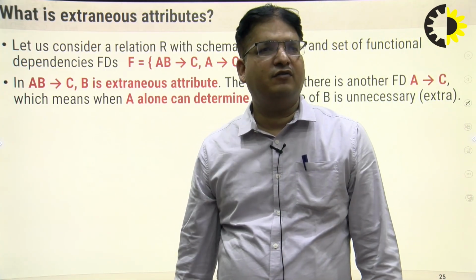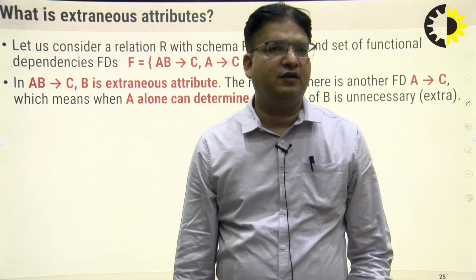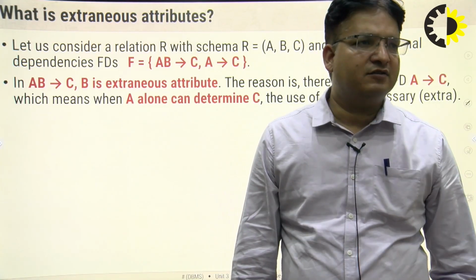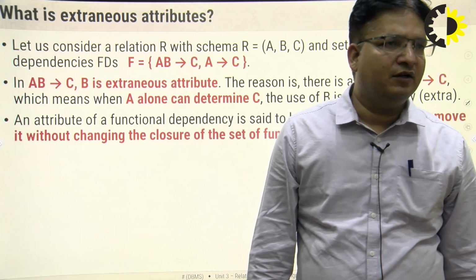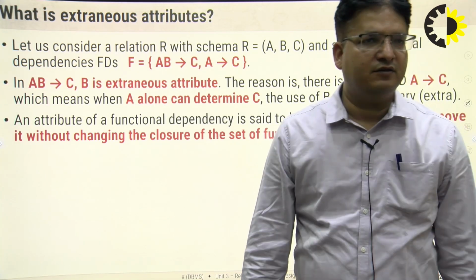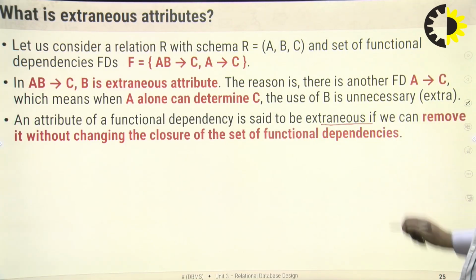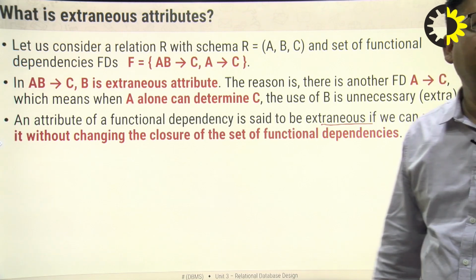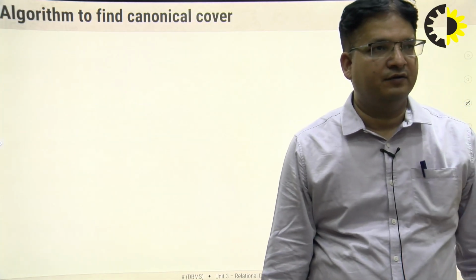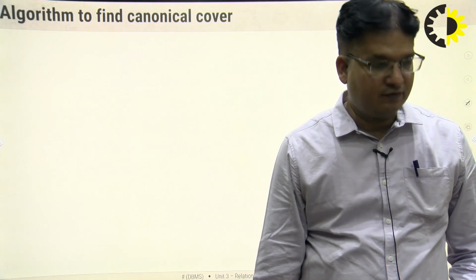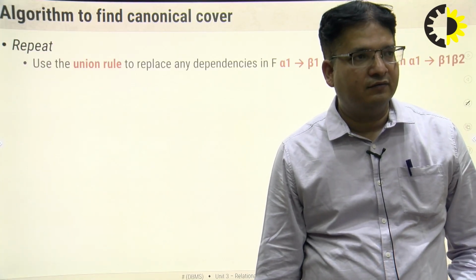We can get rid of B. This is not at all required. So B is an extraneous attribute. An attribute of a functional dependency is said to be extraneous if we can remove it without changing the closure of the set of functional dependencies. So that is for the canonical cover.